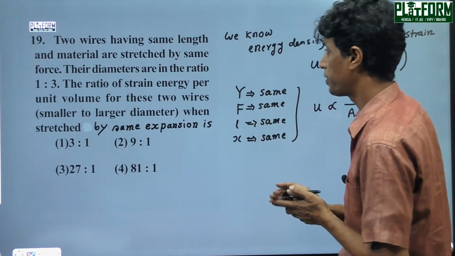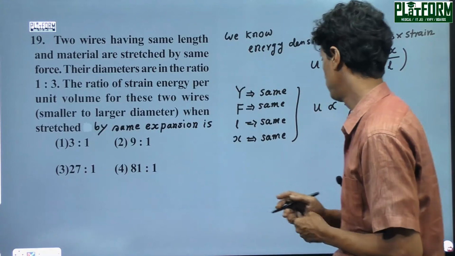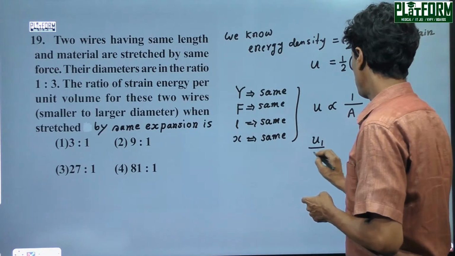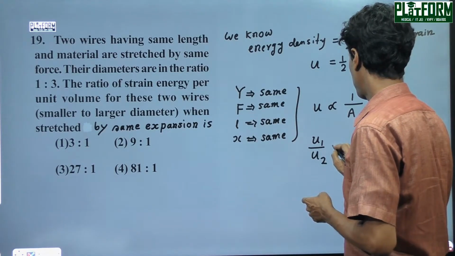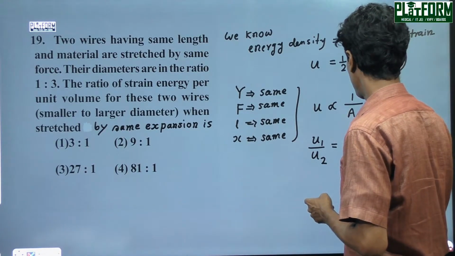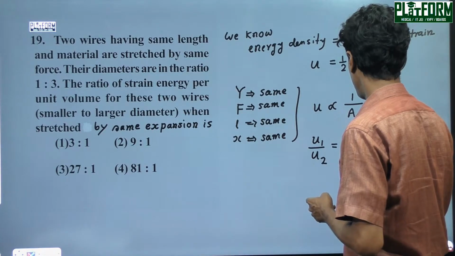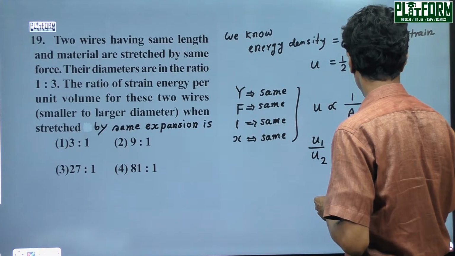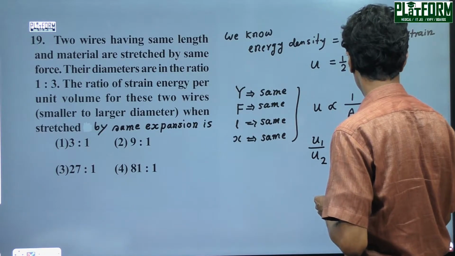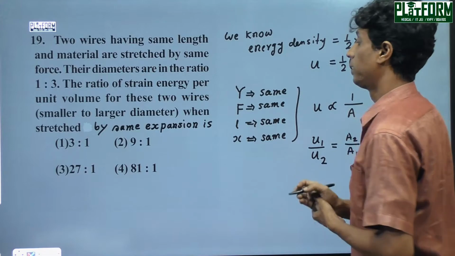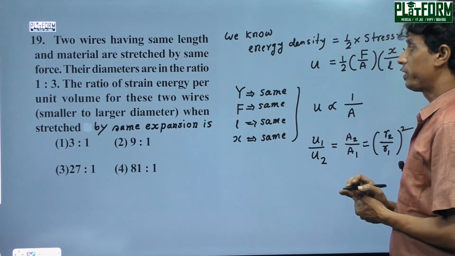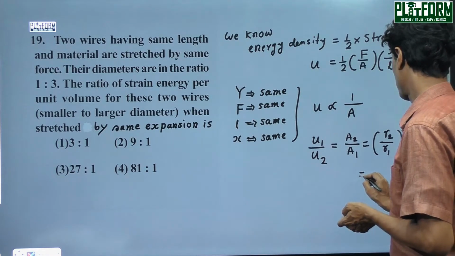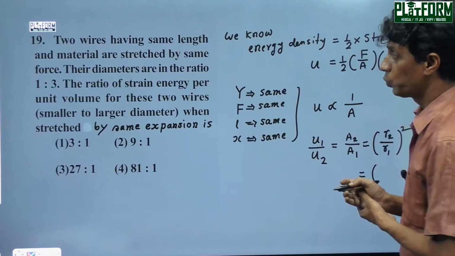We have to find out the ratio of the strain energy per unit volume. So U1 by U2, we can write here, it is A2 by A1, and it is (R2 by R1) whole square. The ratio of the diameter is given, it is equal to 1:3.